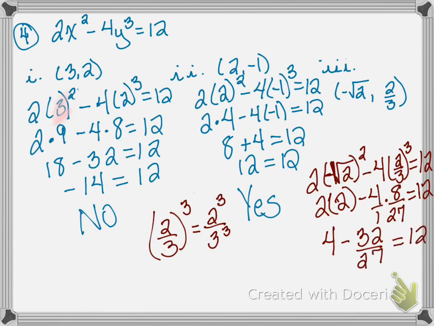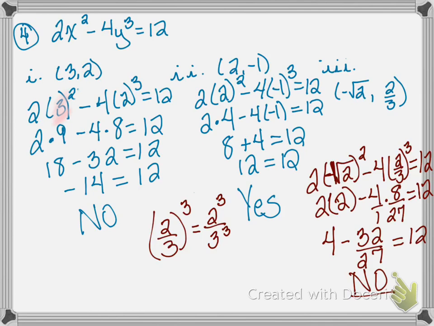equals 12. At this point, if you think about it logically, you could stop. 32 over 27 is just over 1. So I have 4 minus a number that's a little bit over 1. That is not going to equal 12. So it's pretty safe to say, no, this doesn't simplify out.